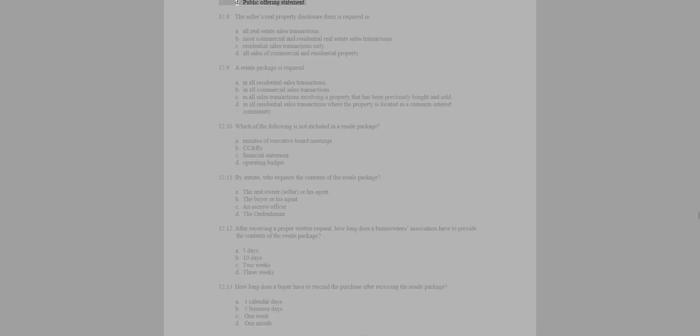D. Public offering statement. 12.8 The seller's real property disclosure form is required in A. all real estate sales transactions. B. most commercial and residential real estate sales transactions. C. residential sales transactions only. D. all sales of commercial and residential property.